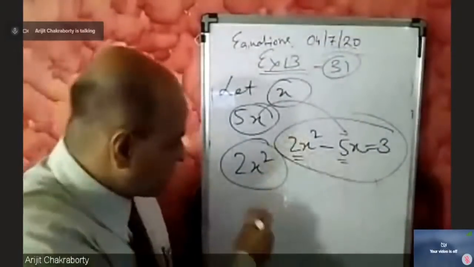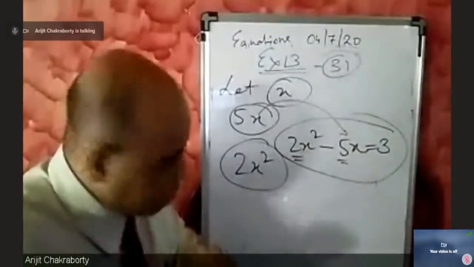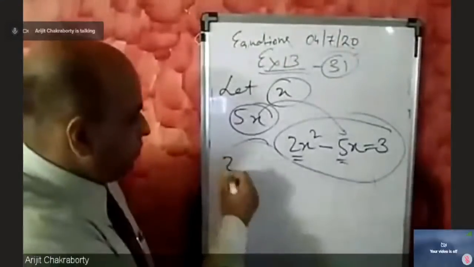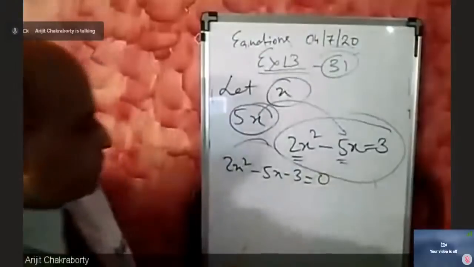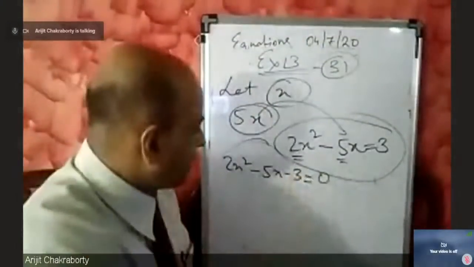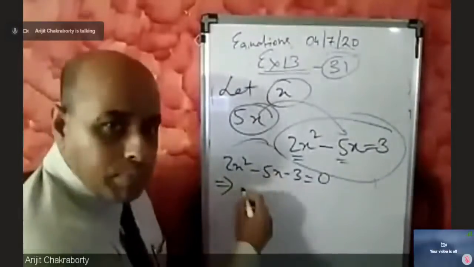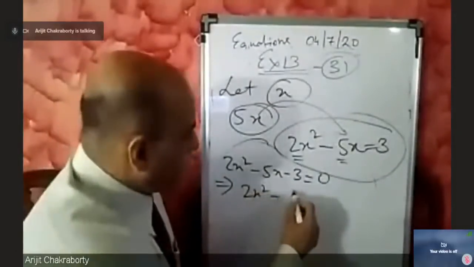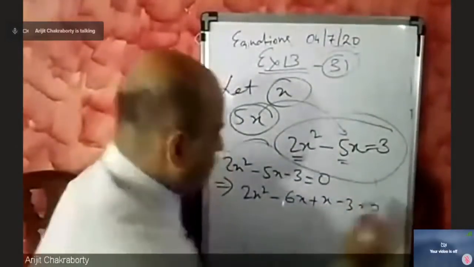In other words, if you simplify the equation, you get 2x square minus 5x minus 3 equal to 0. So let us see how to solve it. We just do this, we break it up. 2x square minus 6x plus x minus 3 equal to 0.